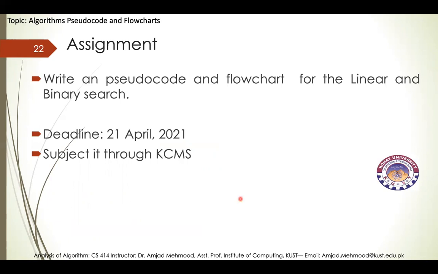There are two means we have studied in today's lecture: you can design an algorithm using pseudocode and flowchart. So I am giving you an assignment to write pseudocode and a flowchart for linear and binary search, and this is your cutoff date.